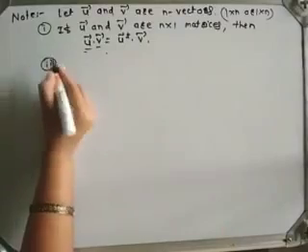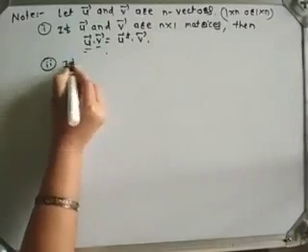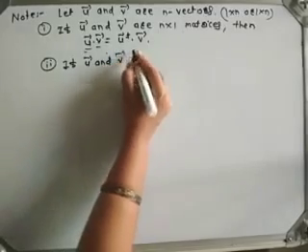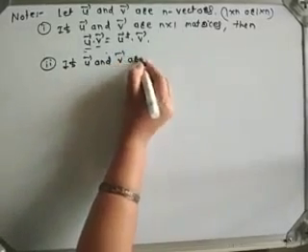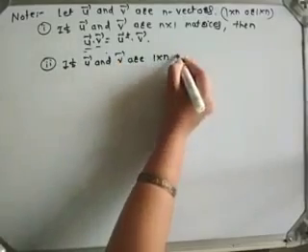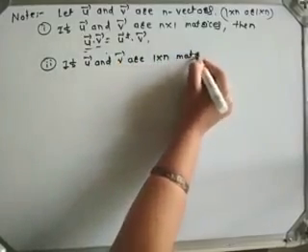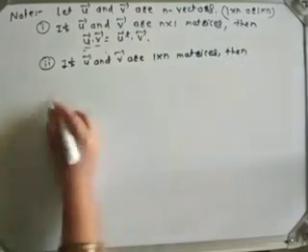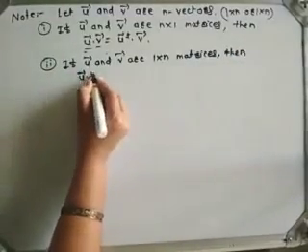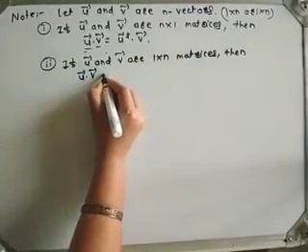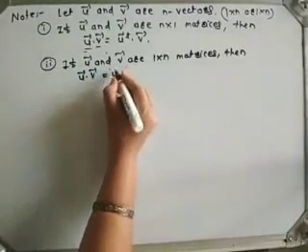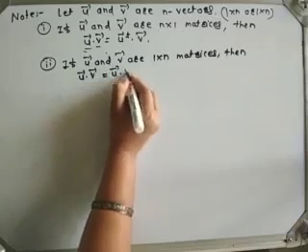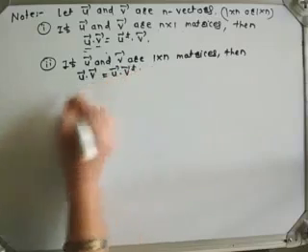The second note is, if u bar and v bar are 1 by n matrices, then u bar dot v bar is equal to u bar times v bar transpose.